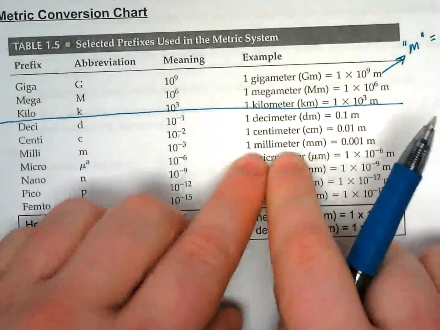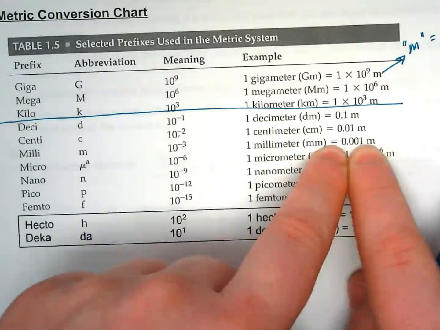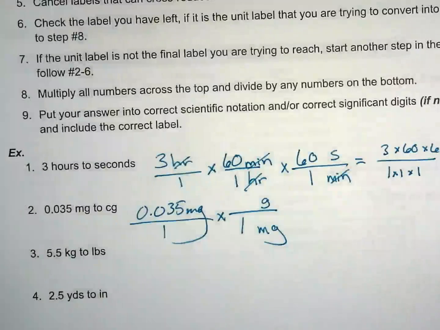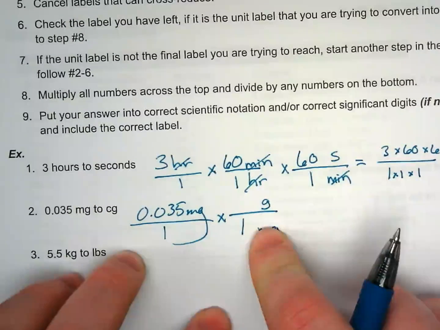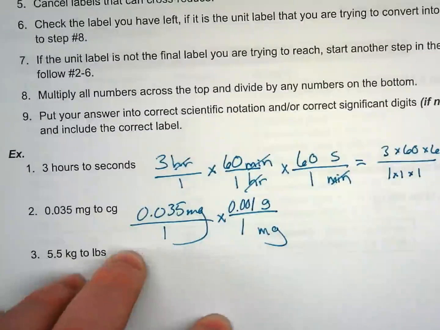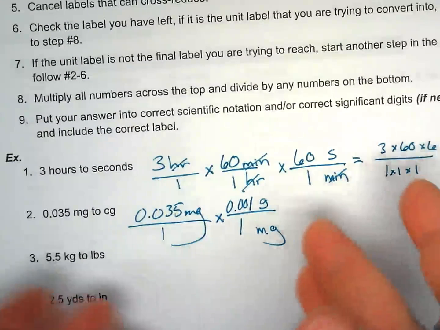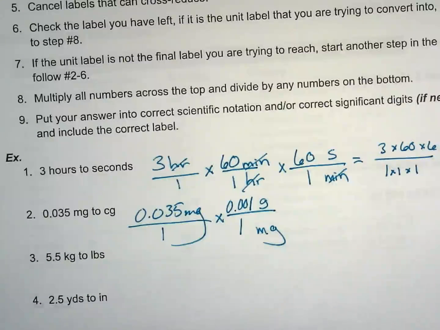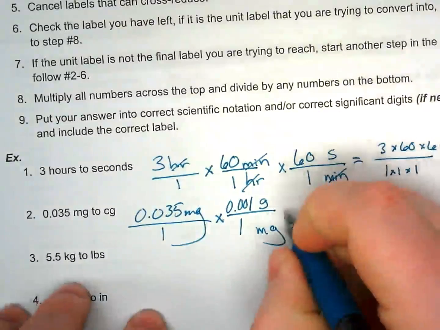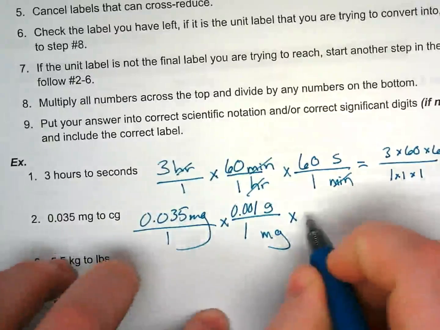So we plug in that number for our conversion factor: 0.001 grams. If we were to solve this now, we would have the answer in grams. But we're not done yet. Now we've got to go from grams to centigrams.